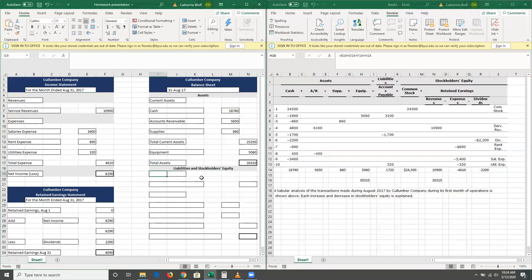All right, so for our liabilities, first thing we want to put is current liabilities. And then we actually only have one current liability right now, and that is the accounts payable.